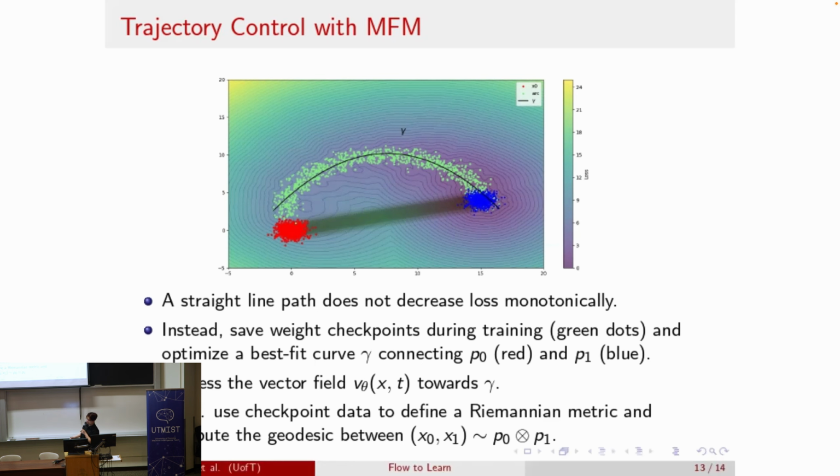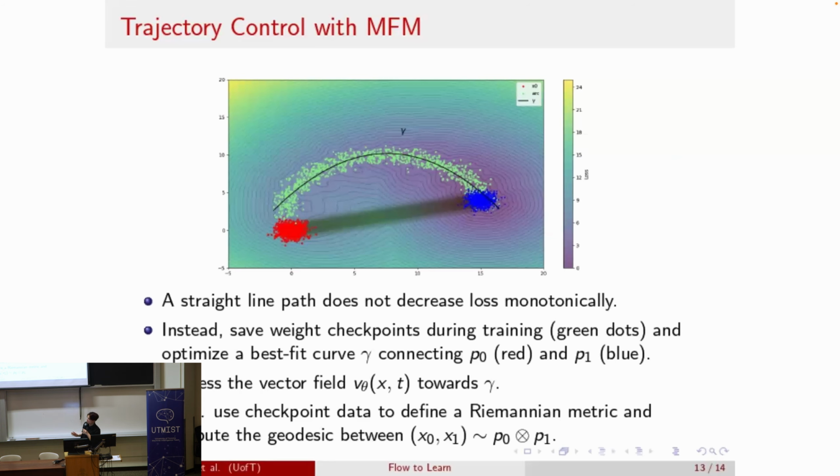And so what we actually want to do, and what we're doing instead, is that we save weight checkpoints, which are these green dots during training, and optimize the best fit curve connecting P0 and P1, the source and target distributions. And instead, we match our velocities onto the curve gamma, which in that sense goes through the purple contours, which are regions of lower loss.